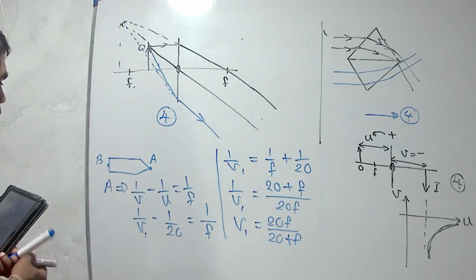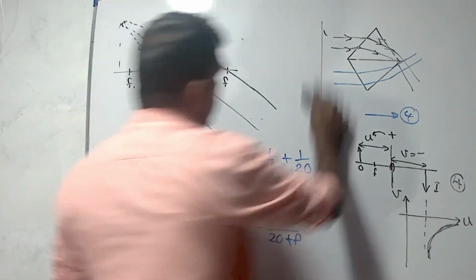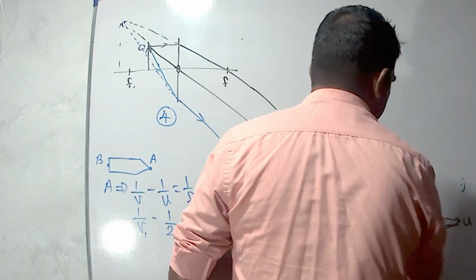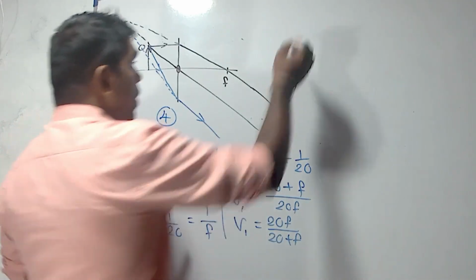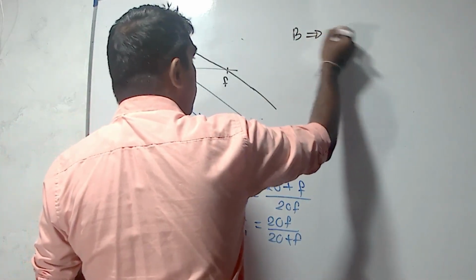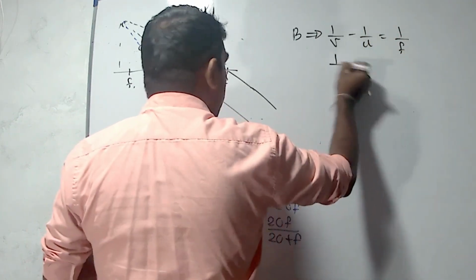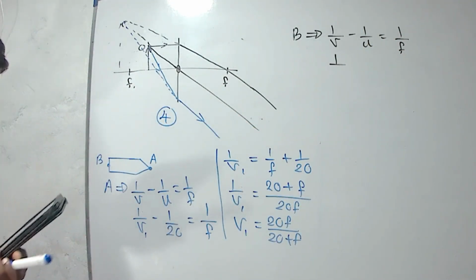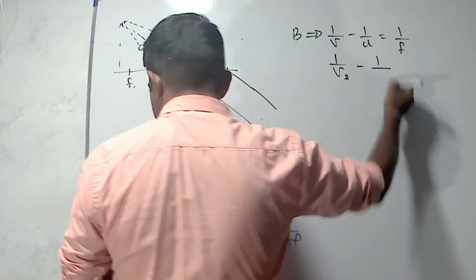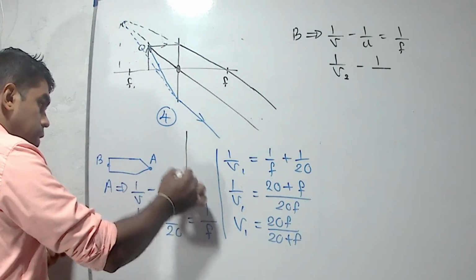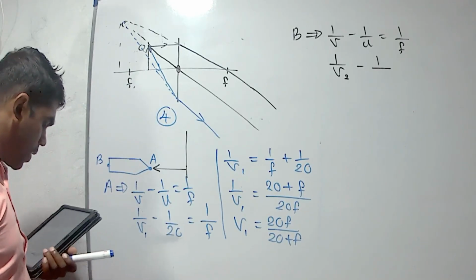Then I will use the same thing for the point B of the pencil. For the point B, 1 over V minus 1 over U equals 1 over F. 1 over image distance V2, object distance from lens to point A is given in the diagram as 20 centimeters.